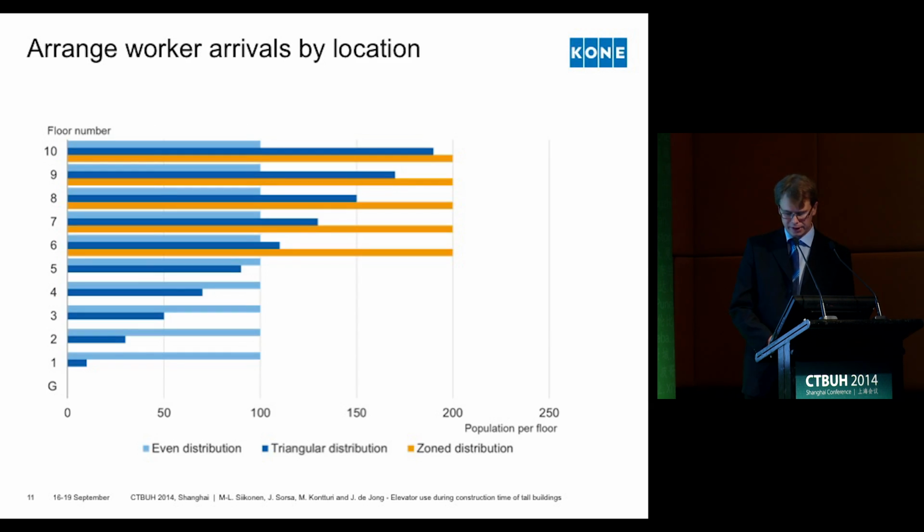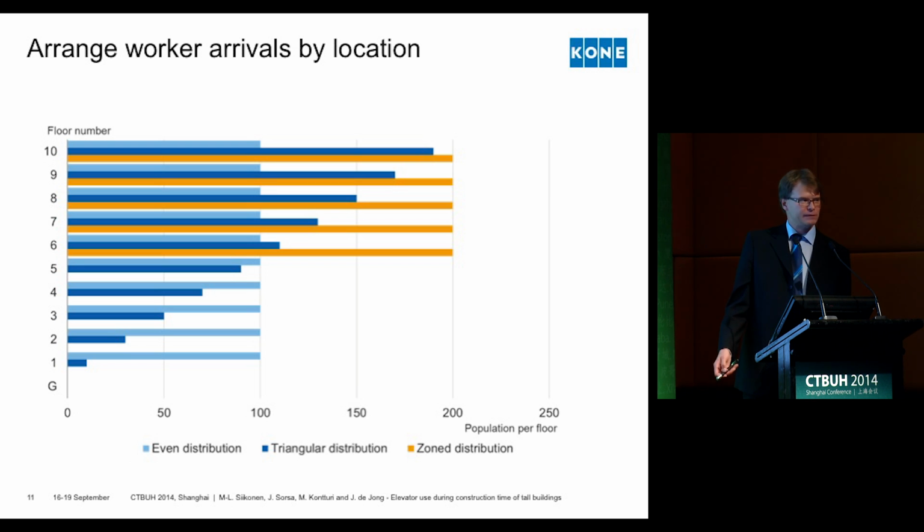So this graph describes these different distributions in a little more detail. Here is the floor number, and these bars describe the number of workers on each floor.